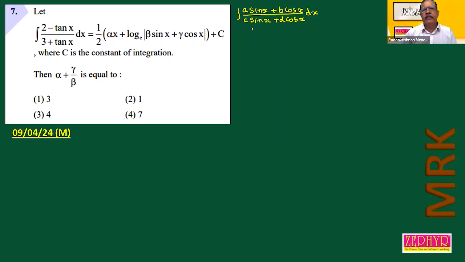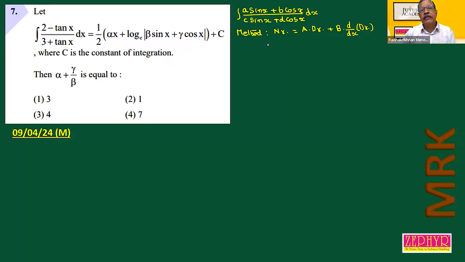So the method is: numerator is equal to a into denominator plus b into d by dx of denominator. So you have to find out a and b.